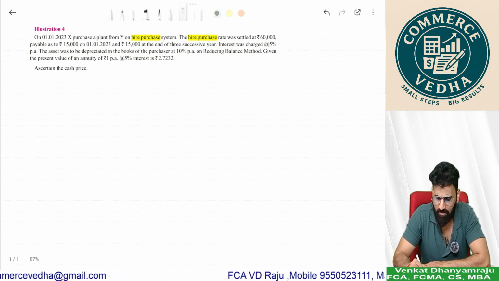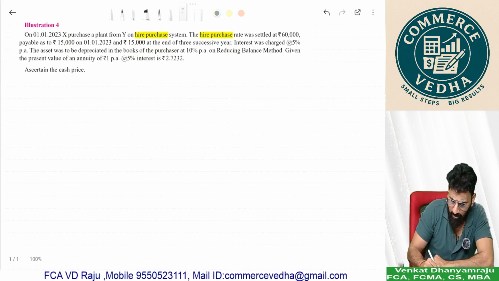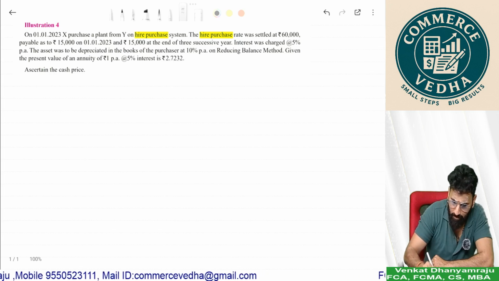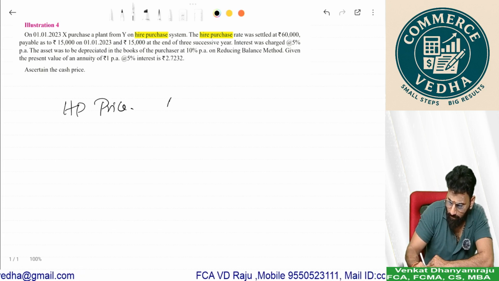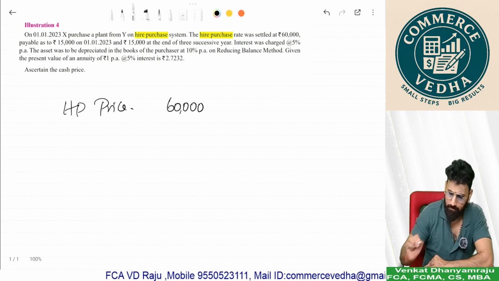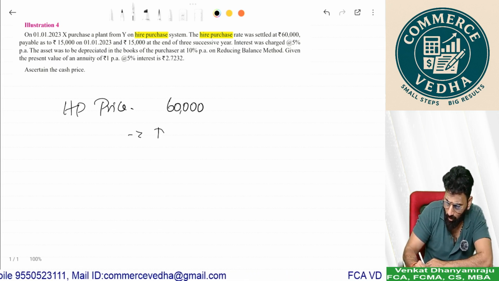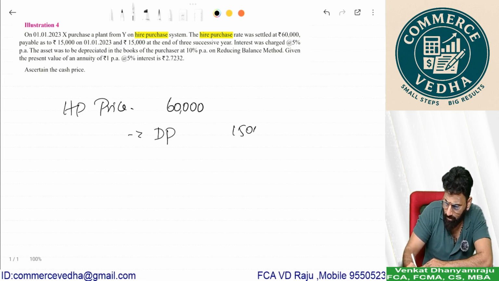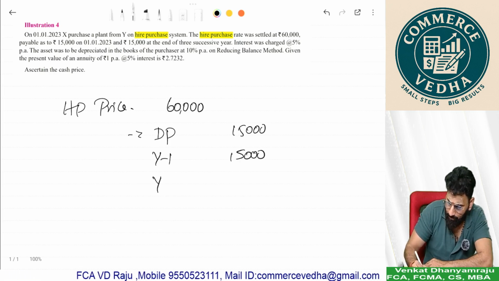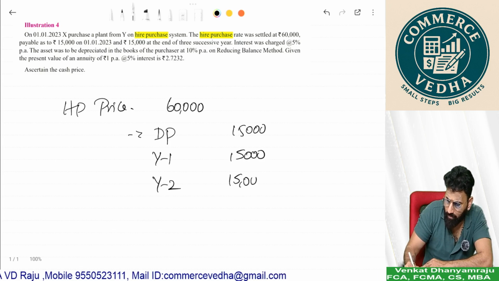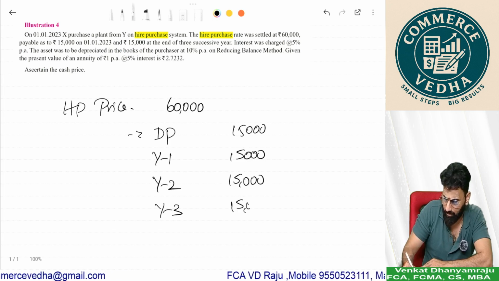The hire purchase rate was selected at 60,000. So the hire purchase price is given: 60,000. And how is the 60,000 made up? Down payment 15,000, year 1 installment 15,000, year 2 installment 15,000, year 3 installment 15,000.